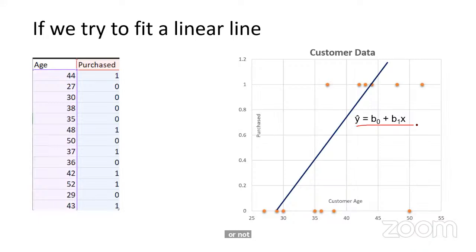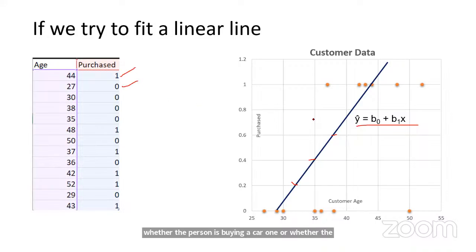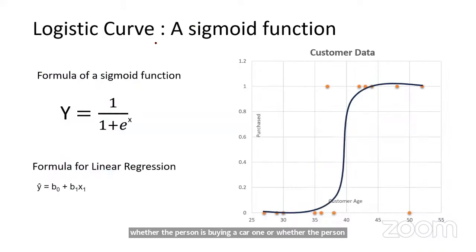If we try to do it with regression, we will not be able to fit a single line, because in regression, we will try to predict values of y other than zeros and ones also, right? Here the value is 0.2, here the value is 0.4, here the value is 0.6, but that does not make a decision of whether the person is buying a car, one, or not buying a car, zero. So a function that fits this perfectly is called a sigmoid function.